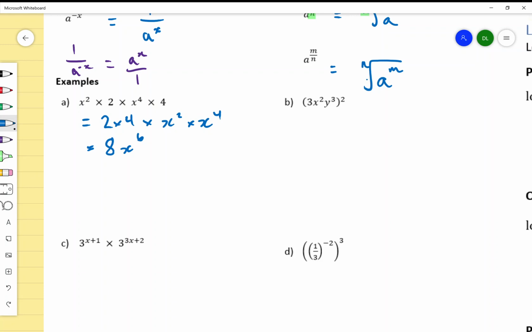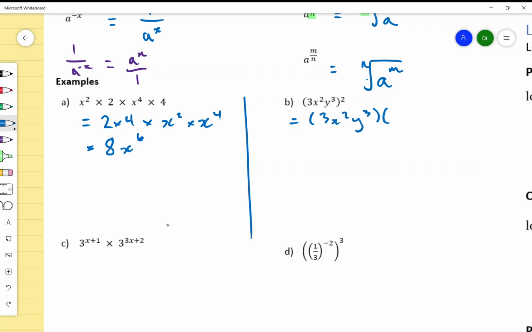Alright, next one over here. I've got 3 terms. I've got 3, x squared and y cubed. If I'm squaring every single one, what do I get? Megan, what do I have to do first? Times the 3. Say it again, sorry? Well, you could start by doing this if you wanted to.